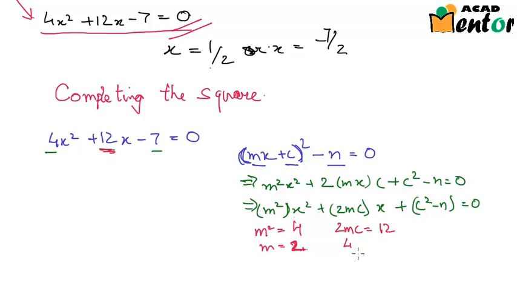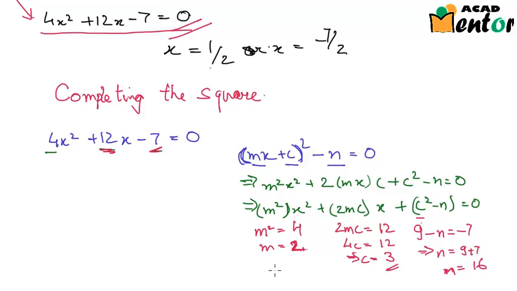So 4 into c is equal to 12, or I can say c is equal to 3. If I use this value of c here, then I would have 3 square, that is 9, minus n equal to negative 7, because it's negative 7 here. So I would have n is equal to 9 plus 7, or n equal to 16.